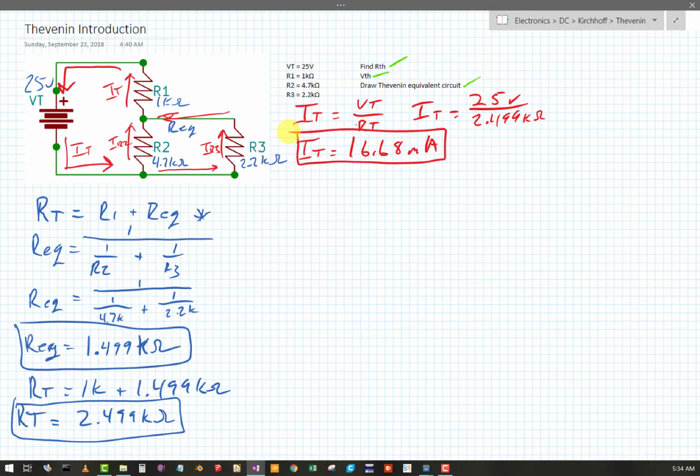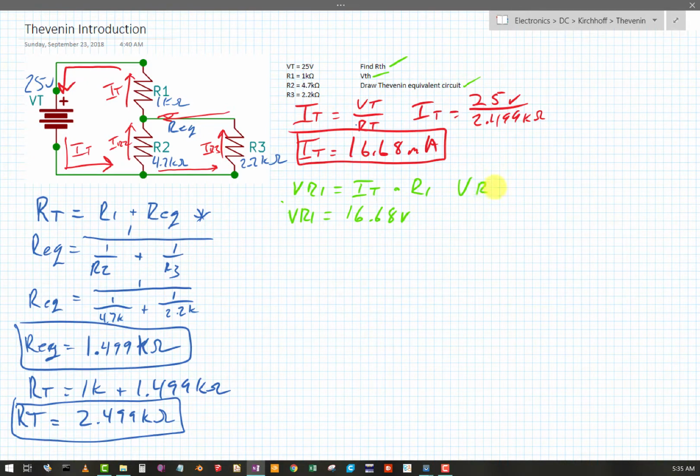So that is super good. Now I can find the voltage of R1. Let's do it in green, just to keep things separated. So VR1 is I total, as it shows with my current path, times R1. VR1 equals, I'm going to say 16.68 volts.